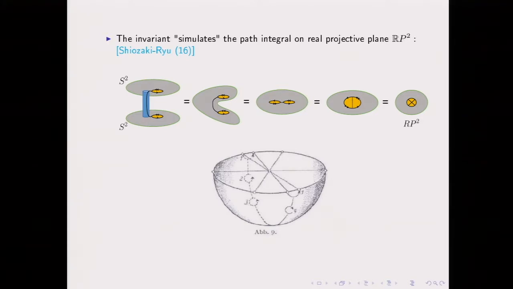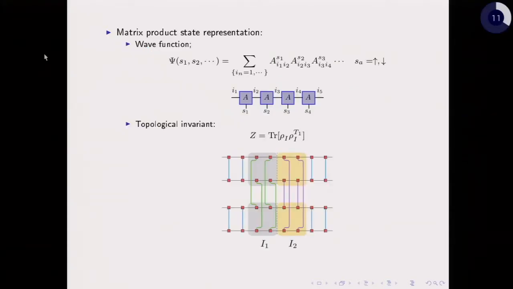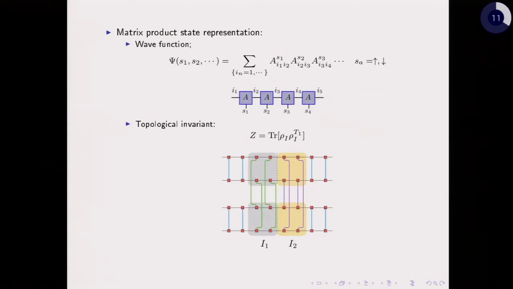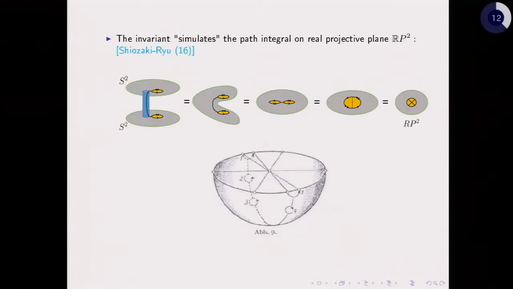So this Pollmann-Turner invariant, which perhaps they didn't realize at that time, is really the matrix product state representation of the path integral on the real projective plane, and topological quantum field theory says it's -1 on the real projective plane, and it's topological. I will come back to this point more for the case of fermions, but for now I'm just reviewing what's known for bosonic cases.